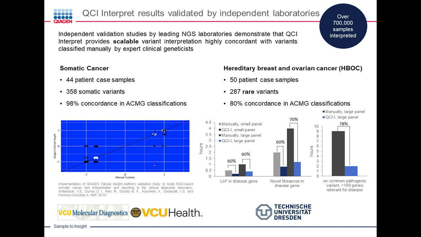From those analyses, those labs found very high concordance in determining which variants to report and the relevant content, both in somatic cancer and hereditary cancer testing, as well as a significant time saving.